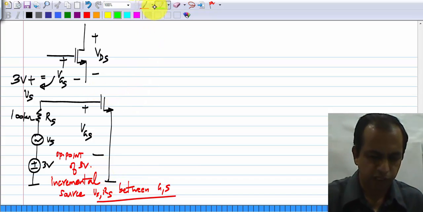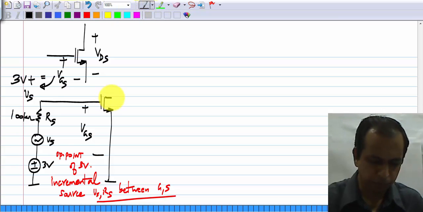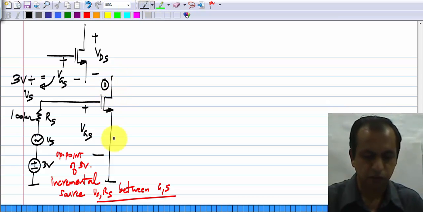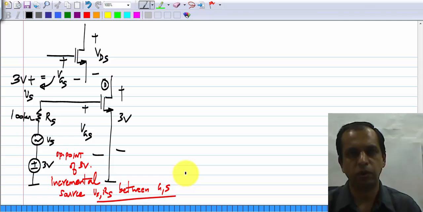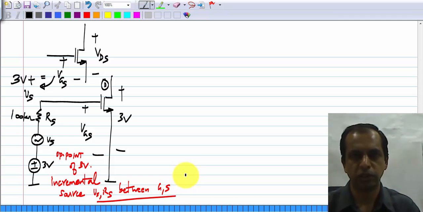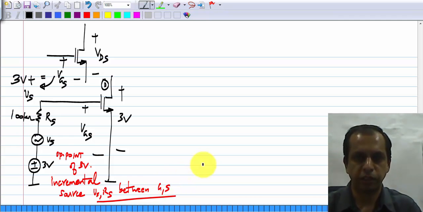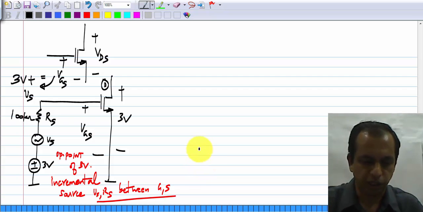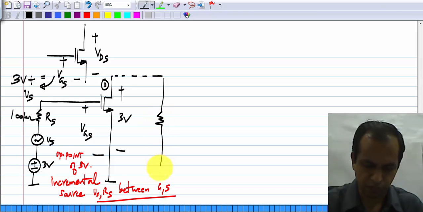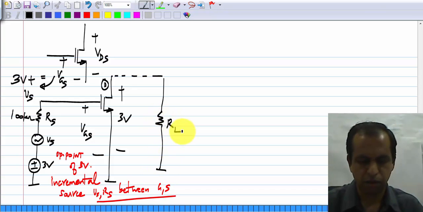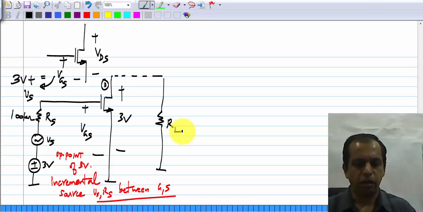Now, what do we do for the other side, the second port or the drain side? Remember, what we need is 3 volts or some voltage VDS 0 across drain and source in the operating point, so that it remains in saturation. And also in the incremental picture, we need to have RL between drain and source.